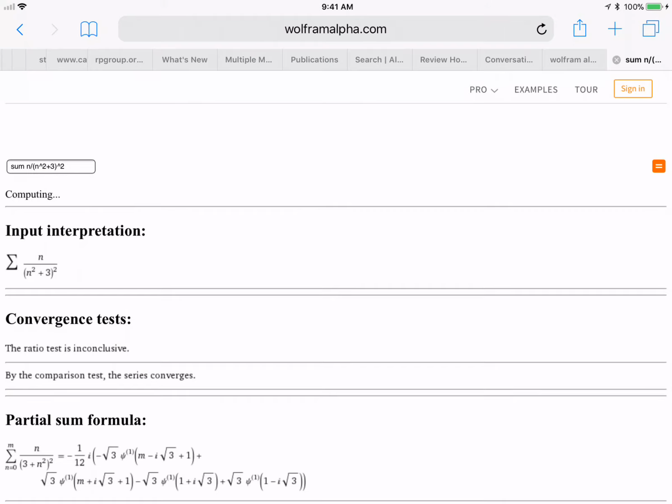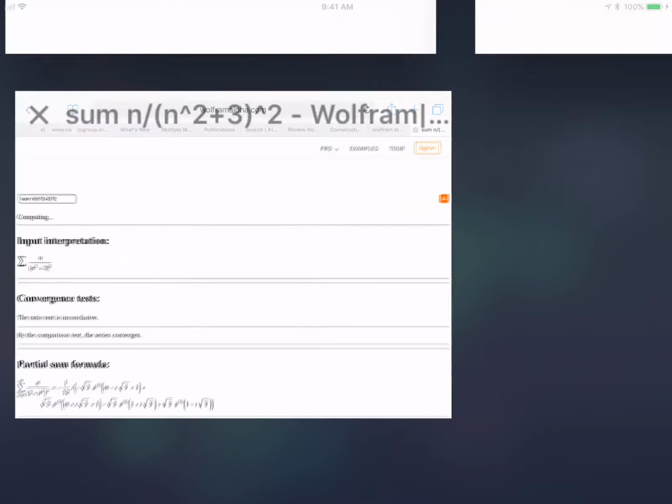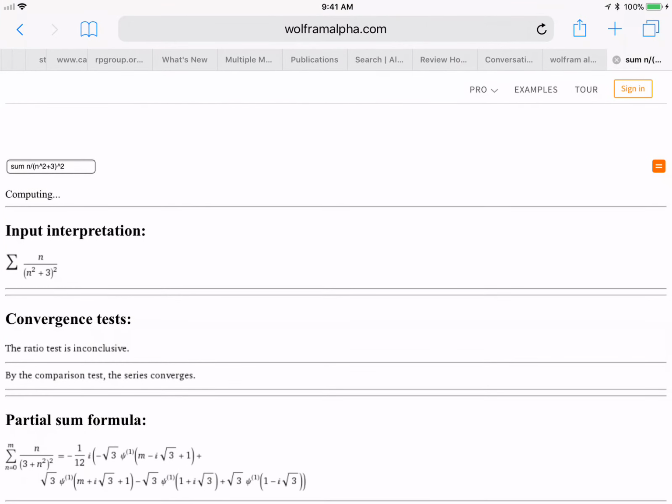So feel free, and I encourage you, to play around with Wolfram Alpha and Mathematica. Use technology. That's the smartest thing to do. Years from now, you will probably have forgotten how to do these series and convergence or divergence.